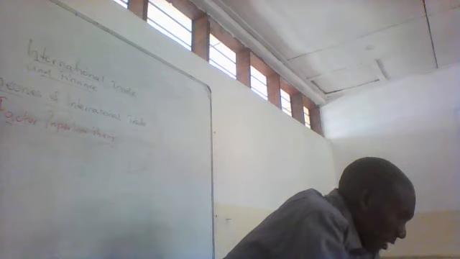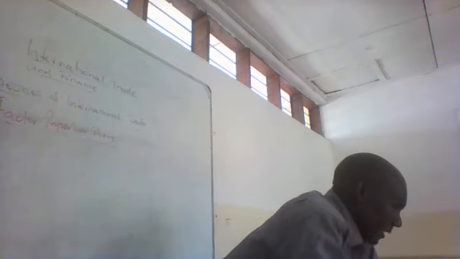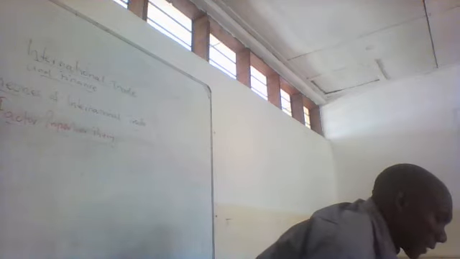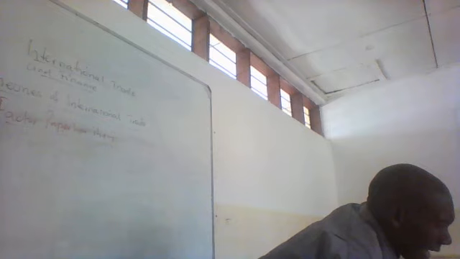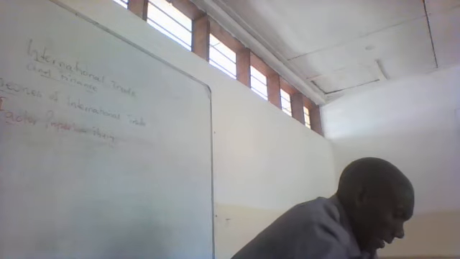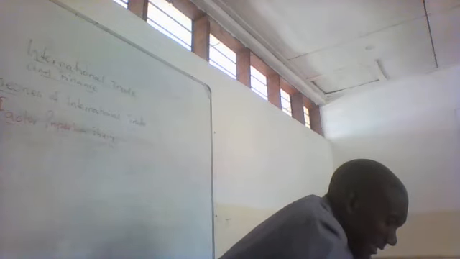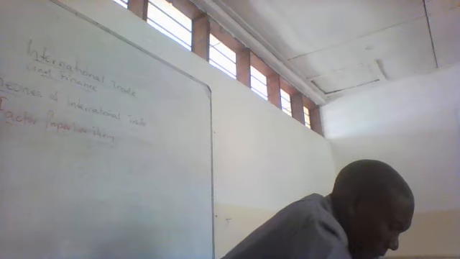Factor proportion theory was a theory that was developed in the early 1900s. If you look at the timeline, around 1940s, around the early 1900s is when factor proportion theory is coming in.